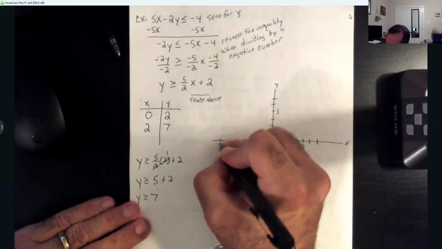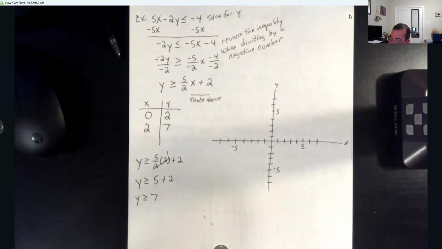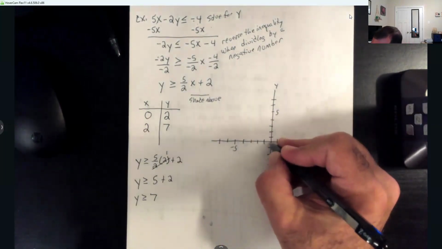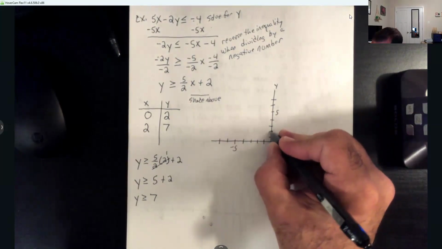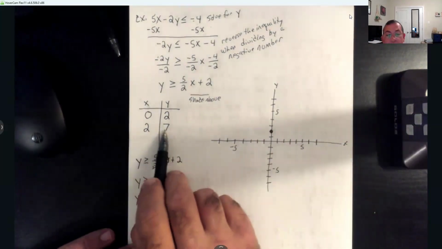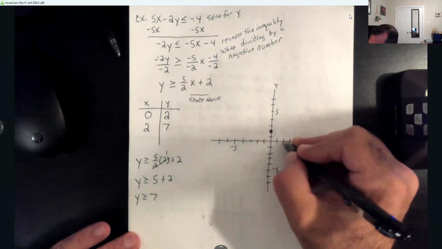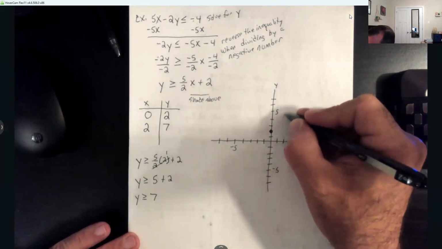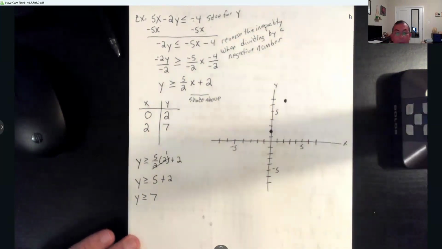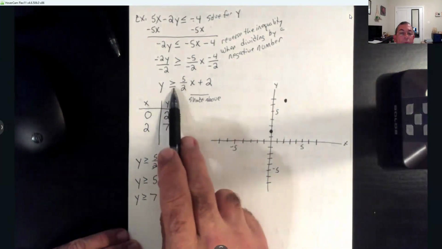-5, 6, 7. All right, y'all. So my first point, 0, 2. Starting at 0 on the x's, I would go up 2. My second point was 2, 7. So go right 2 and up 7. So we did have an equals under this.